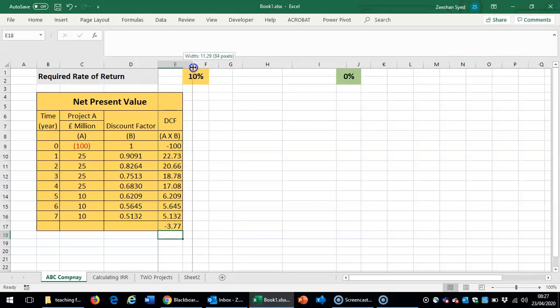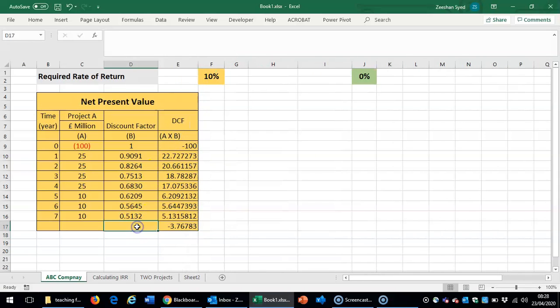Now this project has an NPV of minus 3.76. So this project's NPV is negative, so we reject this project. We don't invest money into this project.